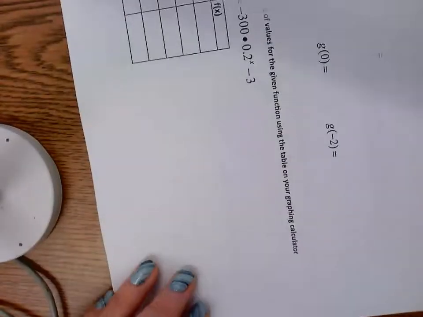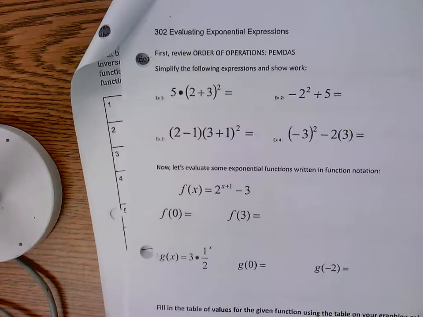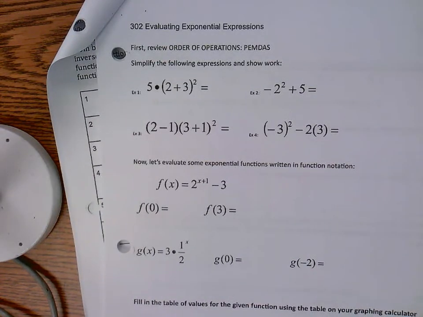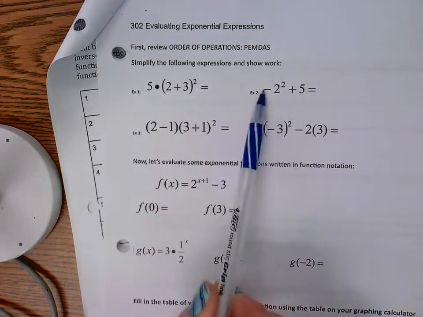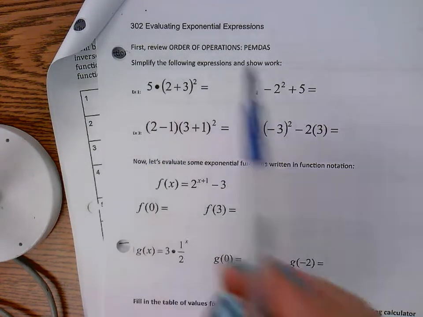And the other thing I wanted to point out to you, which you probably already know, is that order of operations when it comes to exponents gets important this unit. So making sure that we do steps in the correct order. Let's just look at 1 and 2 first, but it's always parentheses first.